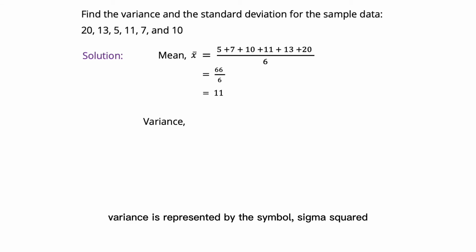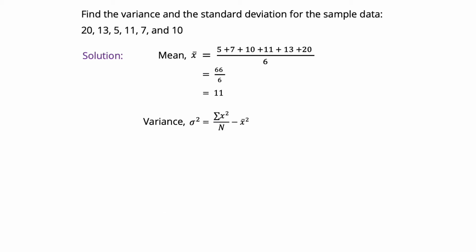Now we calculate the variance with these numbers. Variance is represented by the symbol sigma squared. So keep in mind the formula of variance equals the sum of x squared divided by the number of data, minus the mean squared. First, we list the data in ascending order and take the square of the numbers added together: 5 squared plus 7 squared plus 10 squared plus 11 squared plus 13 squared plus 20 squared, divided by 6, minus 11 squared.